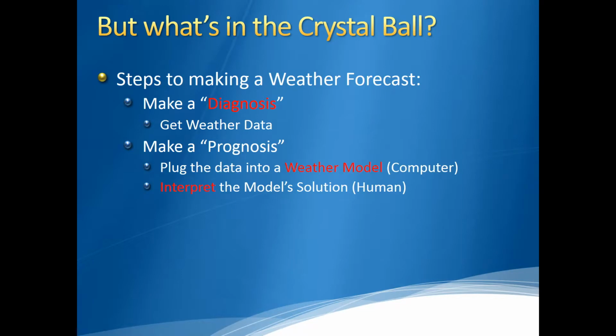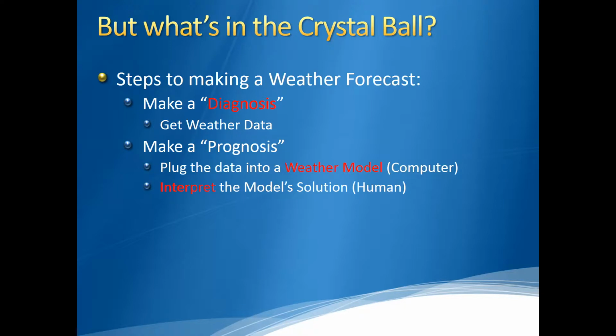Each one has different skills and different things that they do that then give us a forecast. And then humans take that forecast and interpret it to determine what the weather is actually going to do during that time. And so by the time that weather forecast reaches your TV screen or your cell phone app, it's gone through this process.